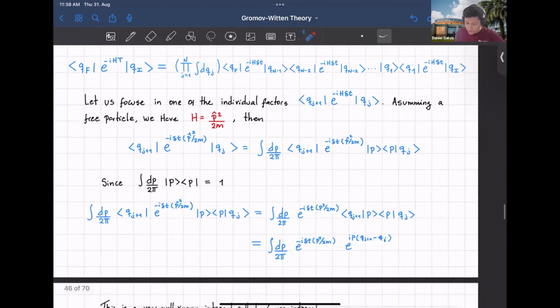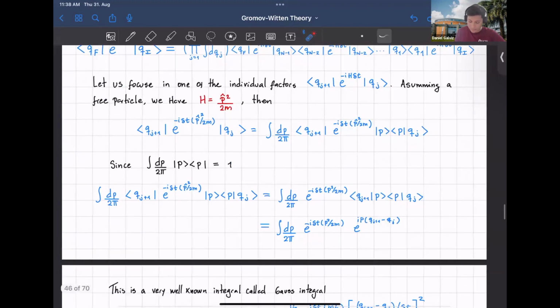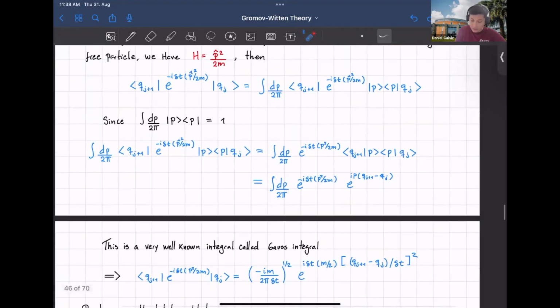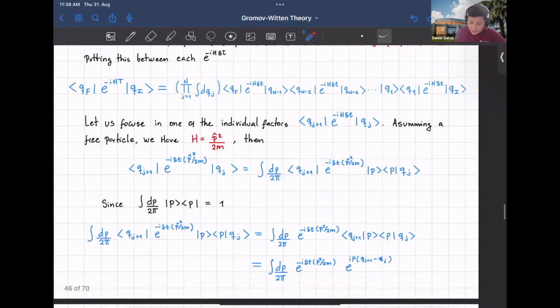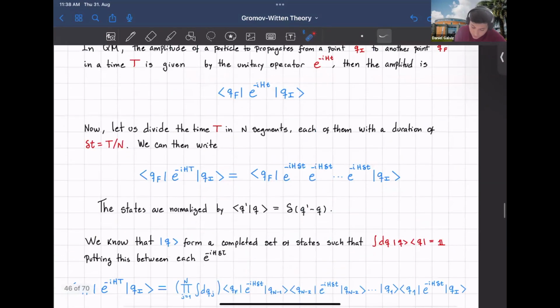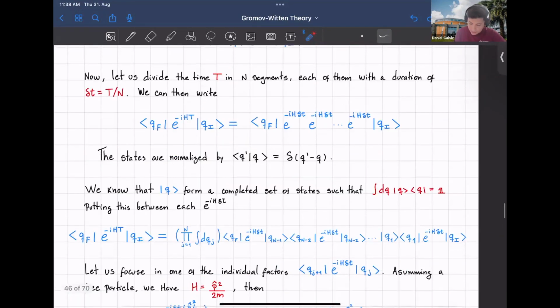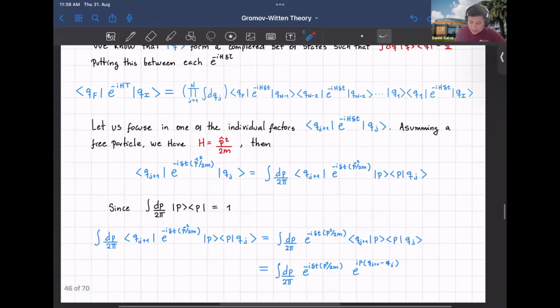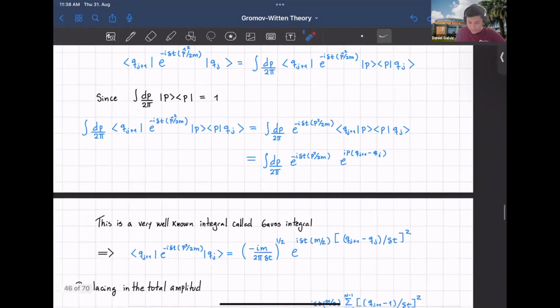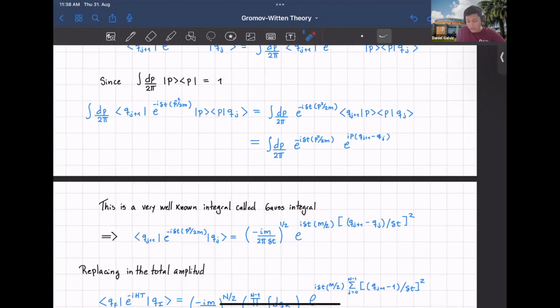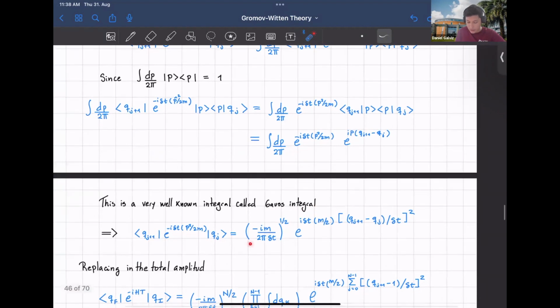But you can solve this. It's just an integral for each of these single components. For example, I'm just taking one path, from here to here. That's what I'm doing right now. And then this is a Gauss integral. So you will have this, and then you can solve it by the Gauss integral, obtaining this.